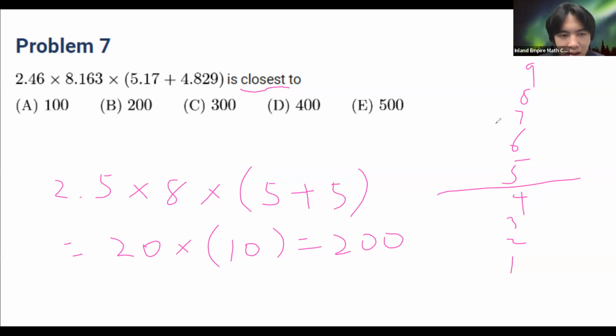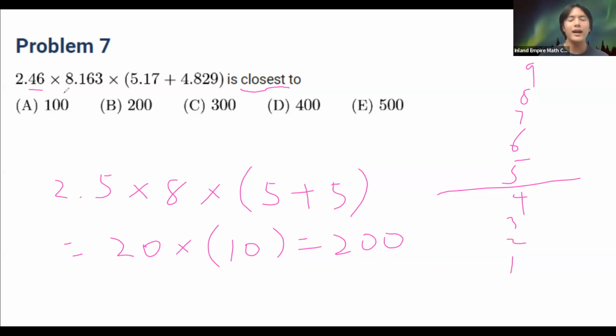For example, when you look at the 5.17 here, we rounded it down because 1 is lower than 5. And if you have a digit that's 5 or greater, then you would round it up. For example, here, when we rounded this 6, you see that the 6 is greater than 5, so you would round up. So you get 2.5 as an estimate. Does this make sense to you guys? Do you have any questions about this?